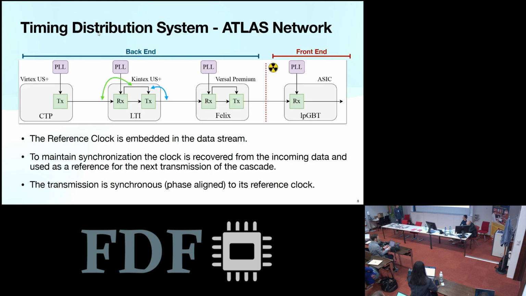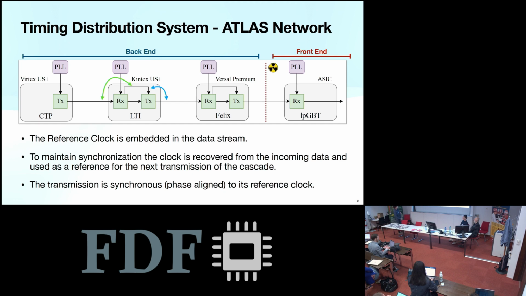This is an example of a timing distribution system currently used in the Atlas network. Let's say we have the bunch clock represented by the first PLL entering in the backend, and then this bunch clock is embedded in the data stream and distributed through this cascade of FPGAs until it reaches the radiation hard front end.